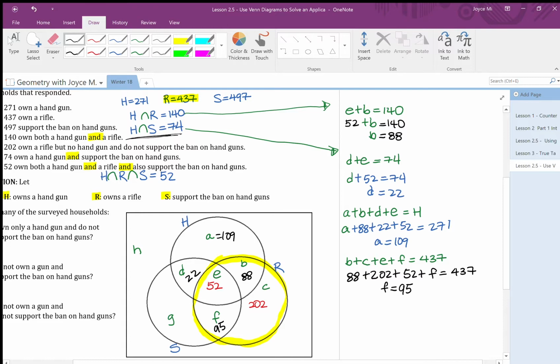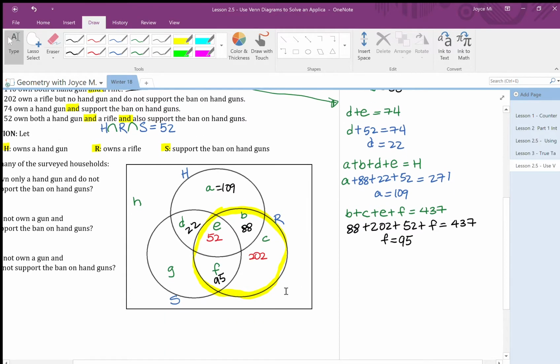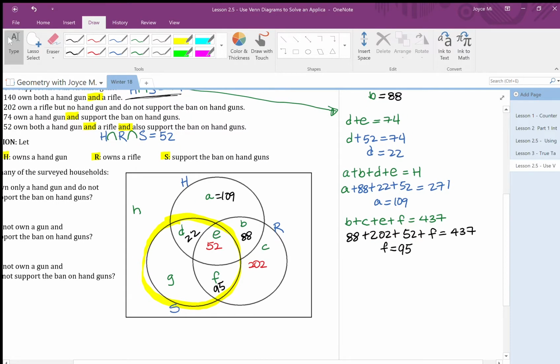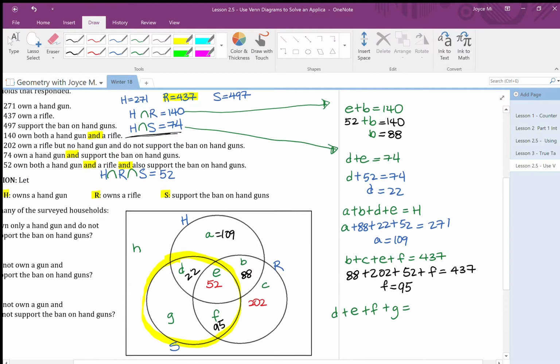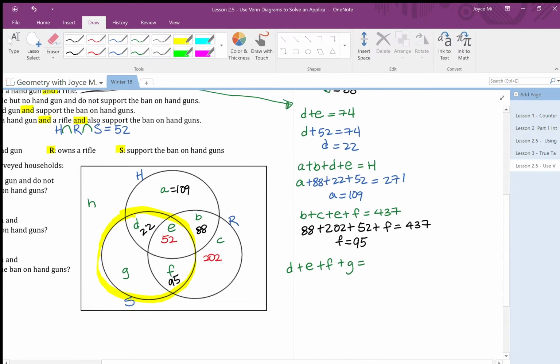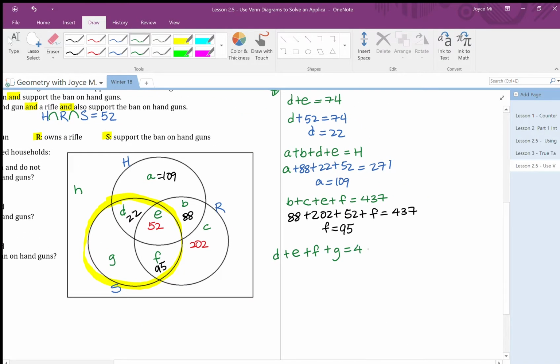Okay. Now finally, we can look at G. Again, G is this whole thing all together here. We know this G region is equal to D plus E plus F plus G, and we know the total for supporting the ban on handgun is 497.